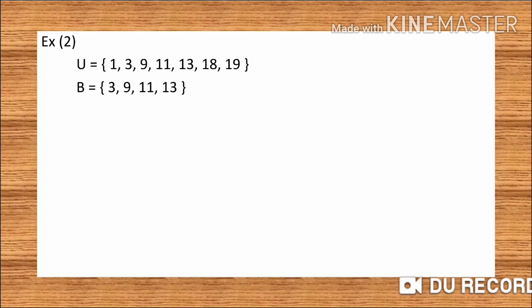Example number 2. Universal set contains elements 1, 3, 9, 11, 13, 18, 19. Set B contains elements 3, 9, 11, 13. Therefore, B complement is a set which contains elements 1, 18, 19.